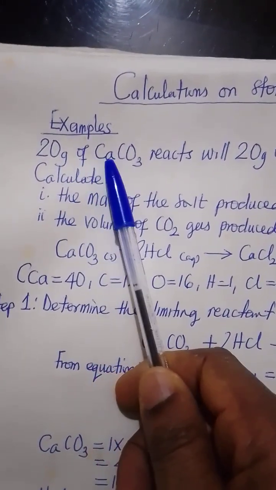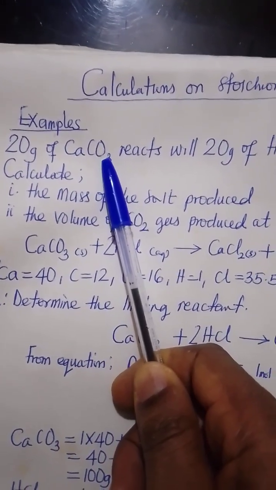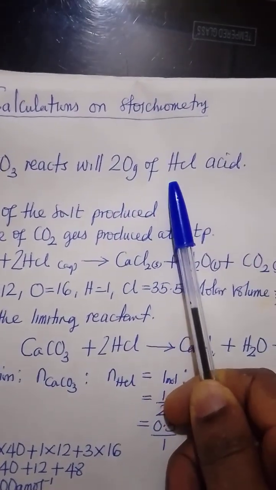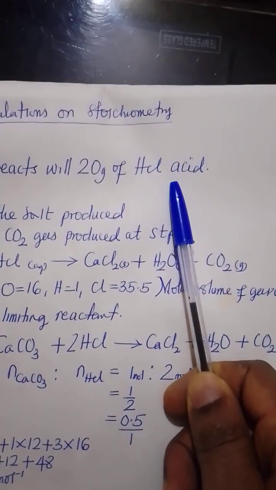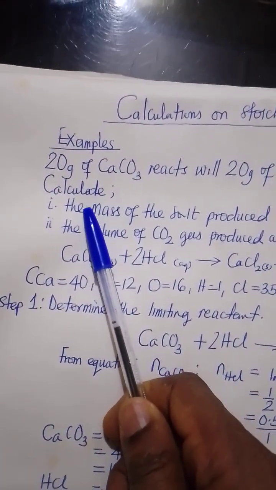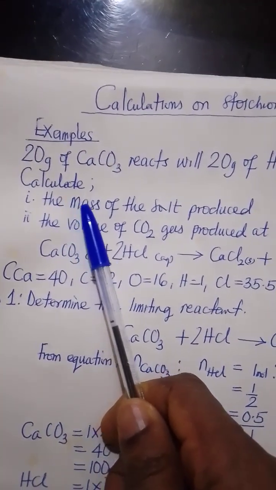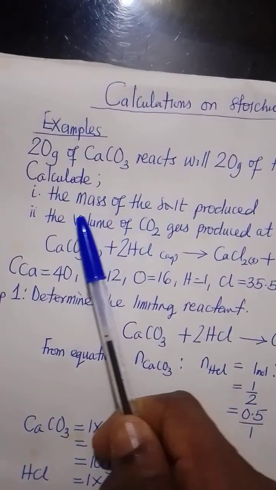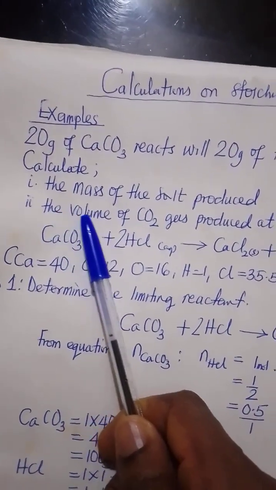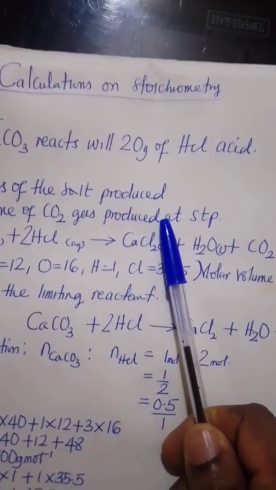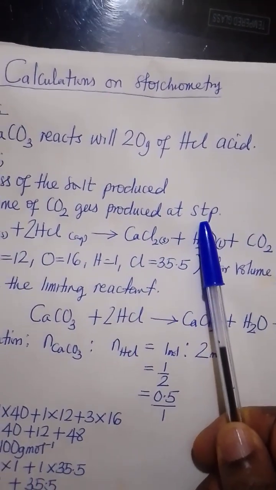20 grams of calcium trioxocarbonate(IV) reacts with 20 grams of dilute HCl acid. First, you are told to calculate the mass of the salt produced. Second, calculate the volume of CO2 gas produced at STP.